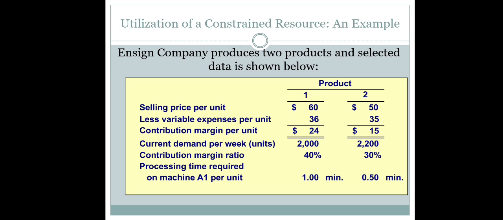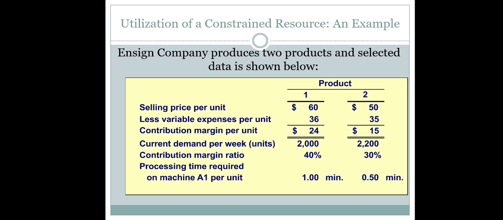Okay, I think this is an example. So let's see. There is a company. That company produces two products, and selected data is shown below. See, the products are product 1 and product 2. For product 1, the selling price is $60. For product 2, the selling price per unit is $50.